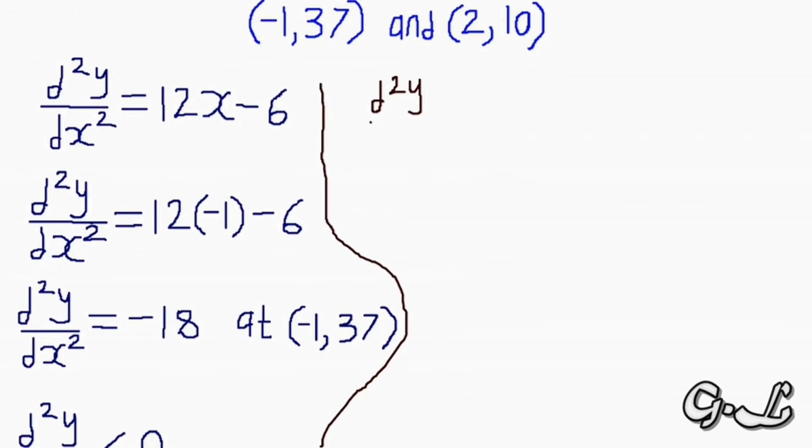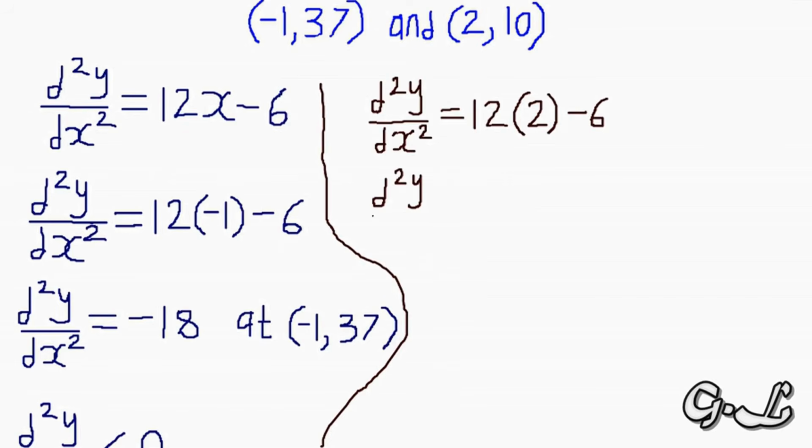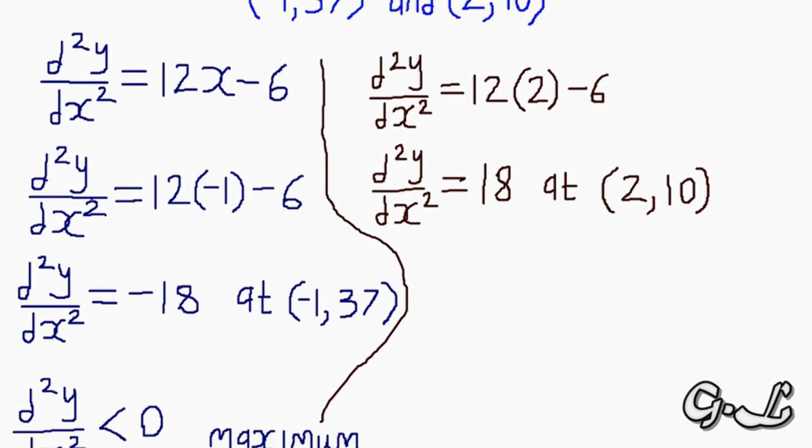We already found d2y dx squared, so it is 12x minus 6. Wherever there is x, we have to replace it with +2. And then d2y dx squared will equal +18 at 2, 10.